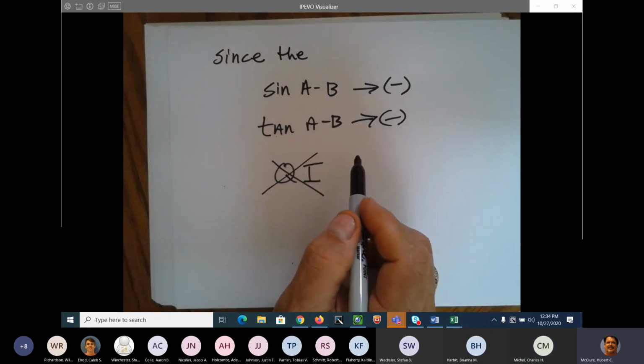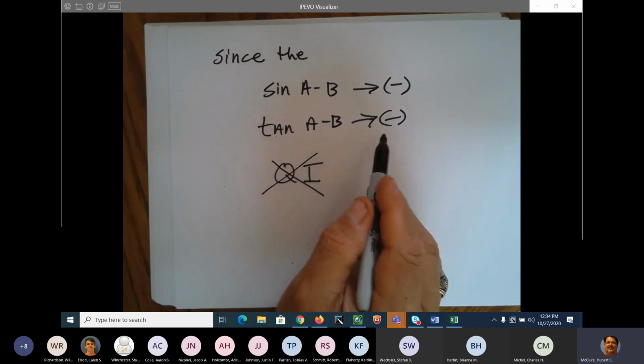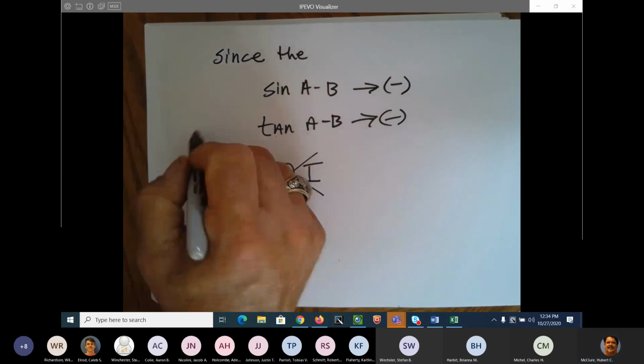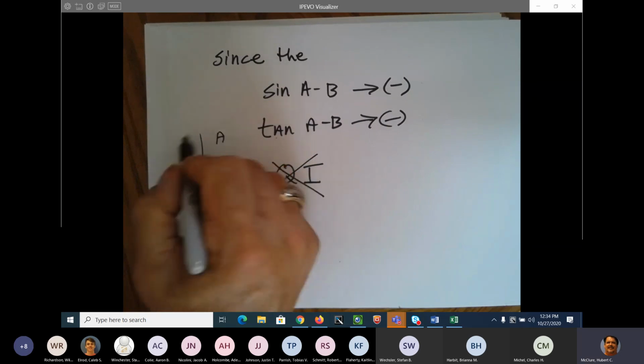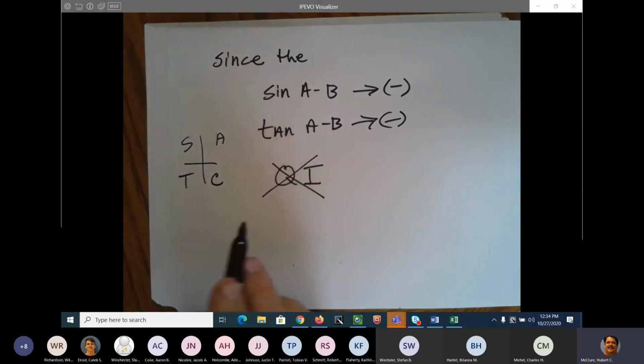Well, it's the only one that has sine and tangent negative. All students take calculus. What quadrant do you have the tangent and the sine negative?